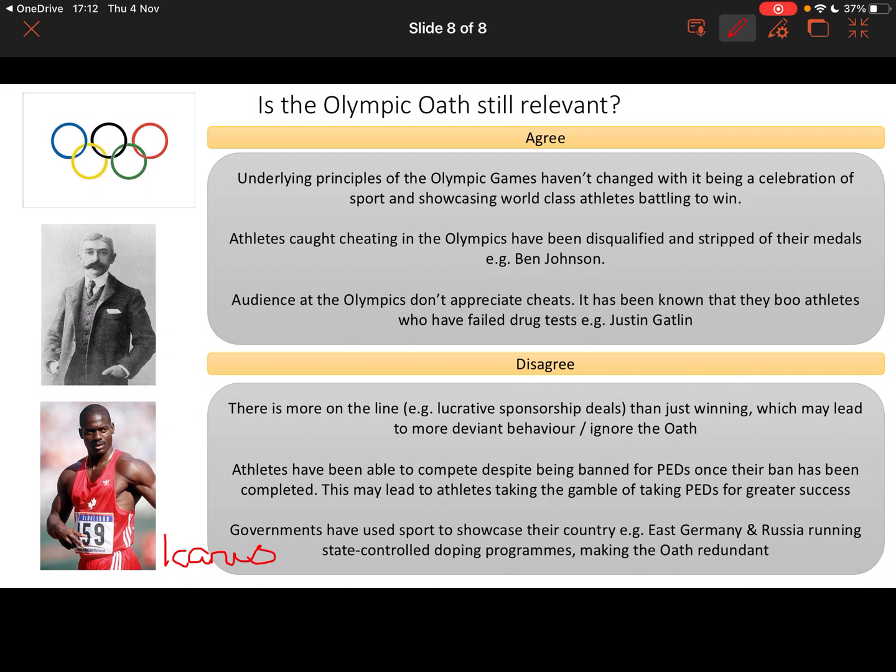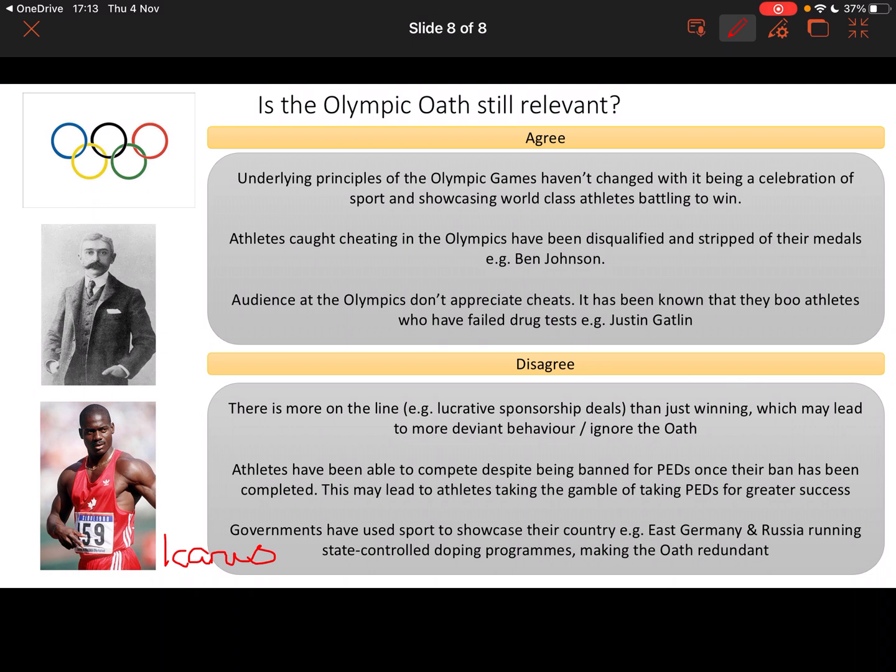But before then, East Germany, before the Berlin Wall came down in 1989, East Germany were part of the Eastern Bloc, and it was proven categorically that in the 70s and 80s, the East German authorities were running a state-controlled doping program.